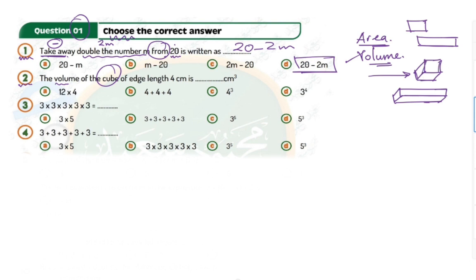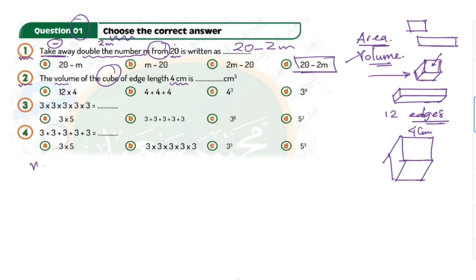A cube has 4 edges at the face, another 4 for the base, and 4 on the side. So we have 12 edges. The edge length is 4 centimeter, so I have a cube with 4 centimeter edge.